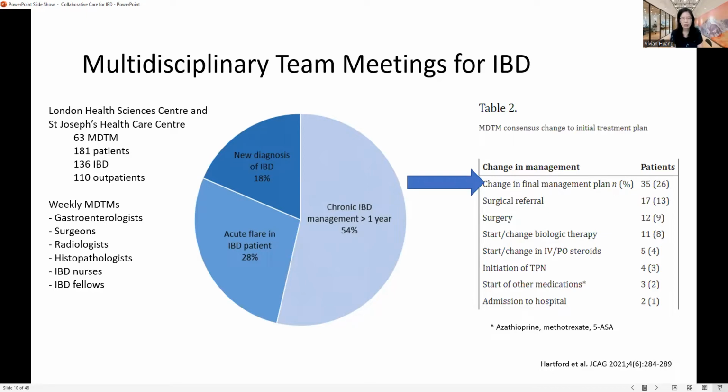And then we also do quarterly rounds with the pediatric IBD specialists to talk about some transition cases, and try to do quarterly rounds with the hepatologists to discuss our primary sclerosing cholangitis in IBD patients. Where I trained before, I'm not sure if anyone from Edmonton is on the call, but we actually did have weekly meetings with the gastroenterologists, IBD nurses, and the fellows.